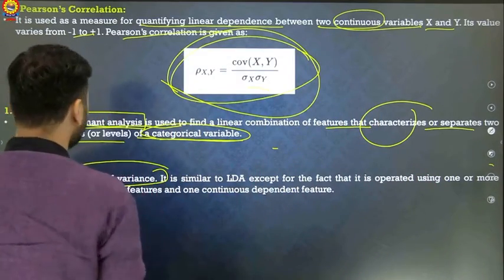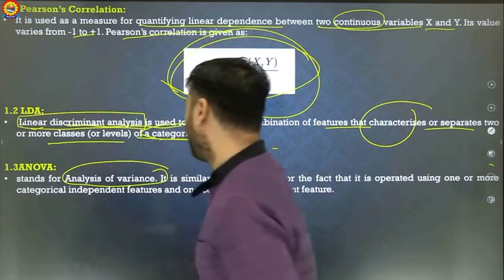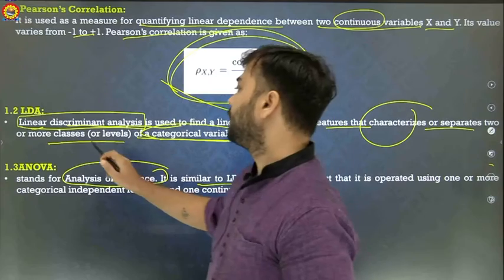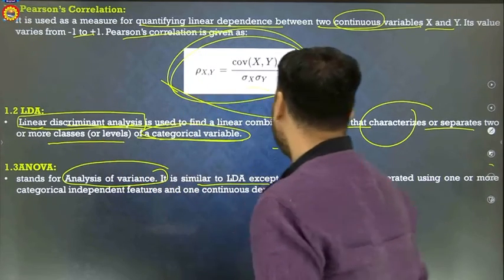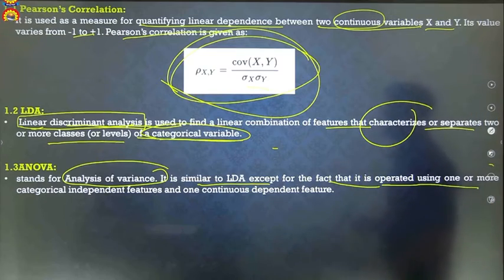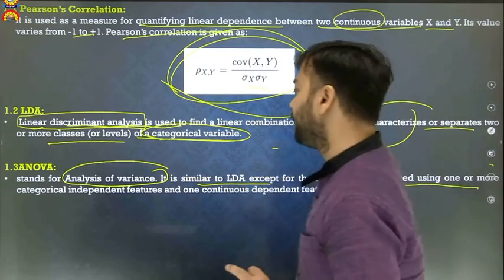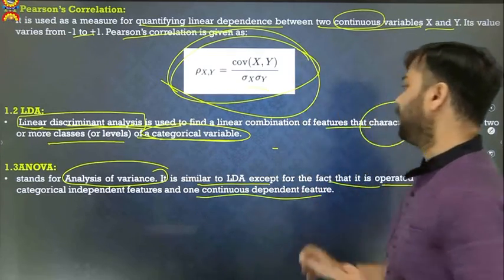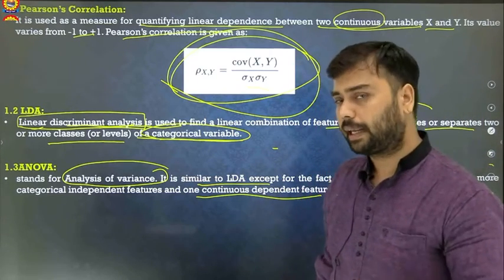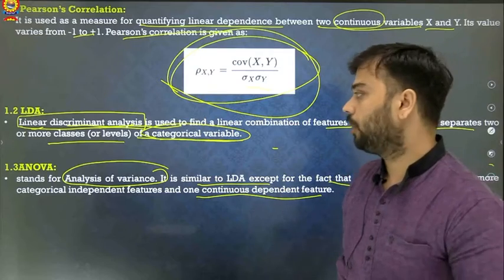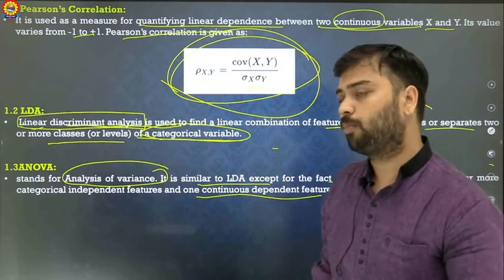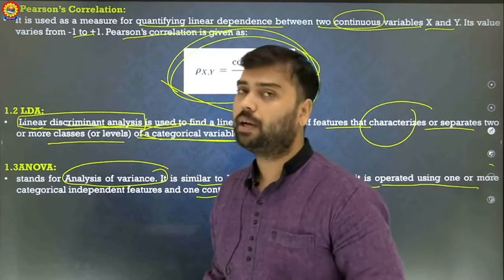In the analysis of variance, it is similar to LDA, except that it operates using one or more categorical independent features and one continuous dependent feature. See, in LDA we work on the categorical value, but in the case of analysis of variance, we use one or more independent variables and one continuous value.